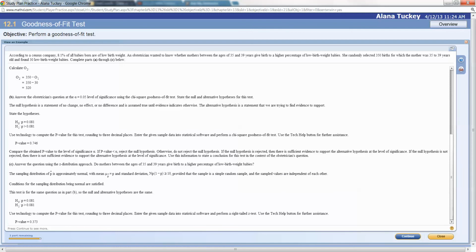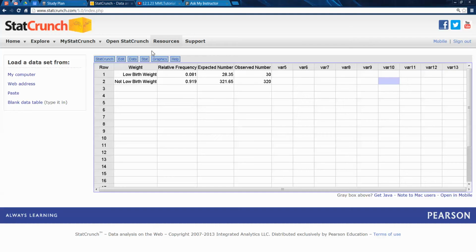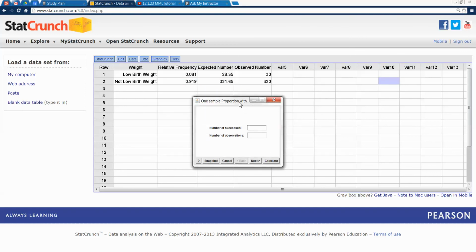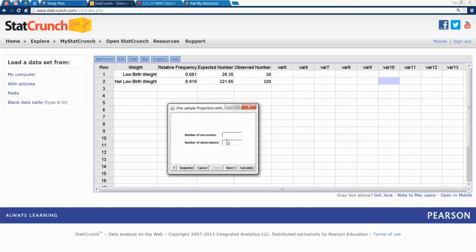Let's go to StatCrunch and do this. Proportions, one sample, with summary. How many successes did we have? That would be what you actually observed in your real problem, which was 30 out of 350. Because 30 low birth weights, which isn't a good thing, but it counts as a success, out of 350 total births.